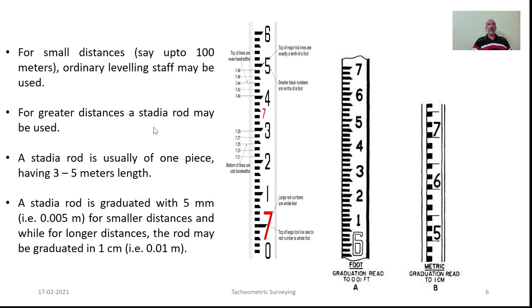This particular stadia rod is usually one piece and has 3 to 5 meter length. The stadia rod could be graduated with 5 millimeter divisions for smaller distances, while when we are dealing with longer distances, the rod could be graduated with 1 centimeter.